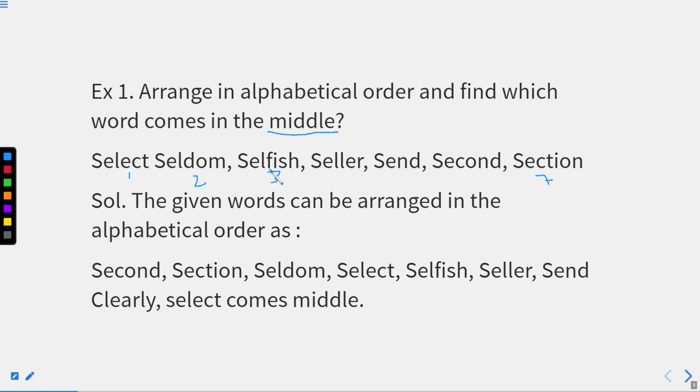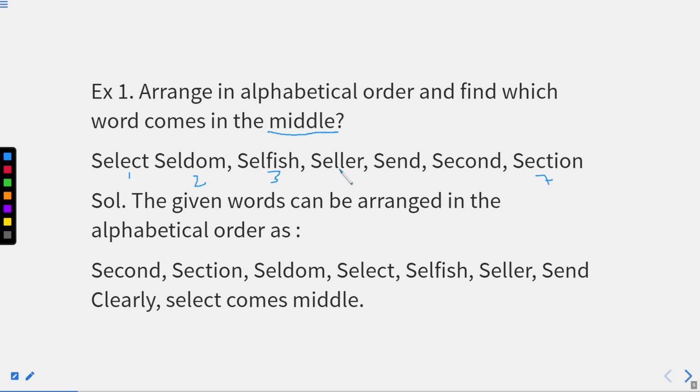Right? Starting with the solution, the approach that you all have to follow for these kinds of questions is to check the first letter of each and every word. Here we can see that every word has S as its first letter and E as its second letter. When it comes to the third letter, we see in words number 1, 2, 3, 4 that the letter is L, in the fifth one we have N, then we have O, and then we have T as the fourth word, right?